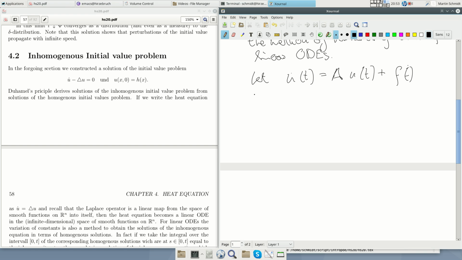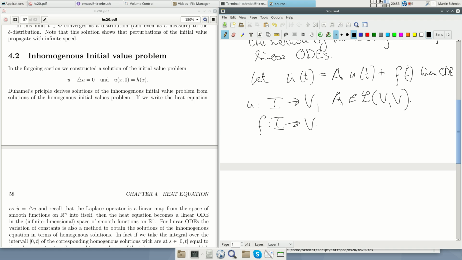So u is a function from some interval to some vector space, and A is a linear map from the vector space to the vector space. And f is again a function from the interval to the vector space. So this is a linear ODE.